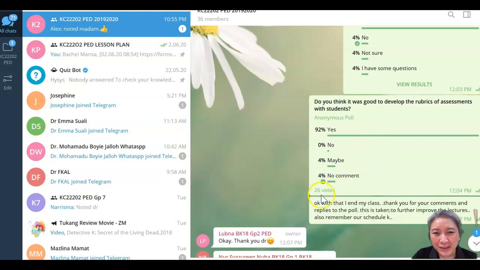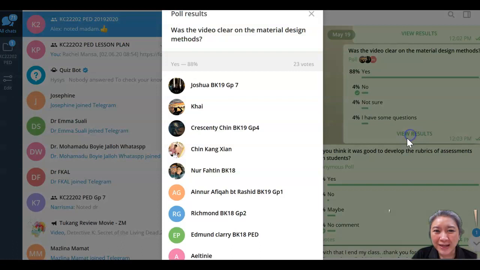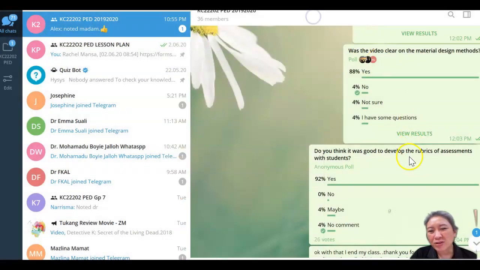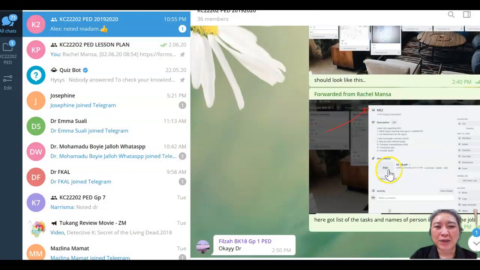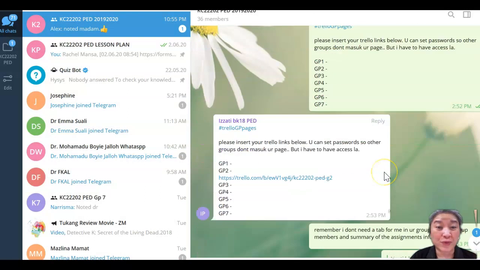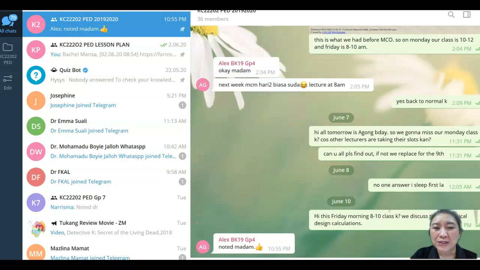But look, there's only 26 votes to develop the rubrics, and this one 23 votes, not 36. But it's fine. The rest will catch up if they want to, because it's all written down here, and they can look through it, so it shouldn't be a problem.